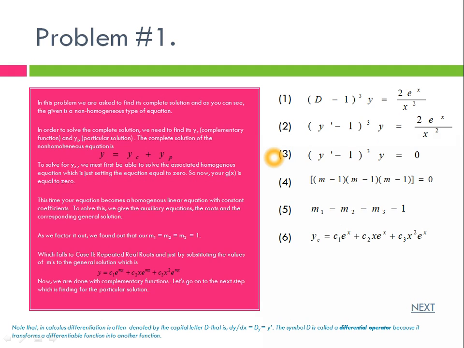In order to solve the complete solution, we need to find its complementary function, denoted by y sub c, and the particular solution, which is denoted by y sub p. So the complete solution of the non-homogeneous equation is y equals y sub c plus y sub p. To solve for our complementary function, we must first solve the associated homogeneous equation, which is just setting the equation equal to 0. The associated homogeneous equation is just a relative of our non-homogeneous equation.